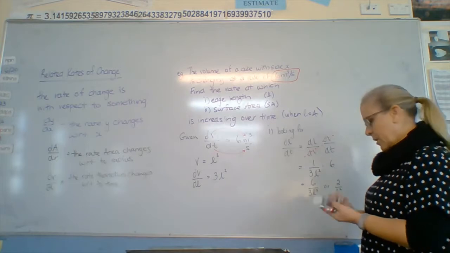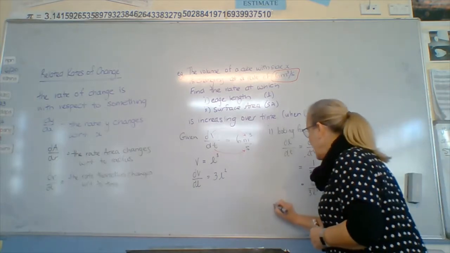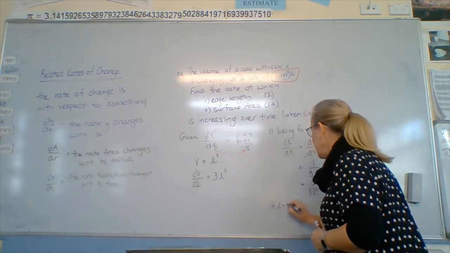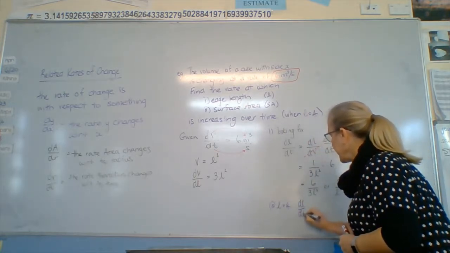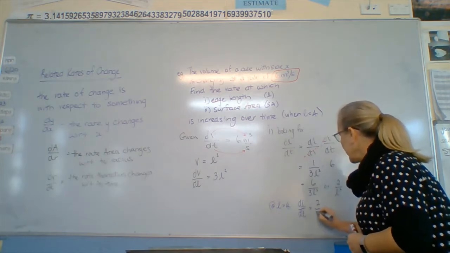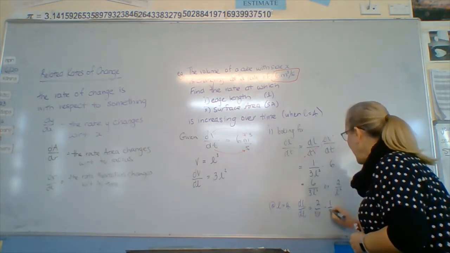So at L equals 4, we're going to get dL by dt equals 2 over 16, or 1 over 8.